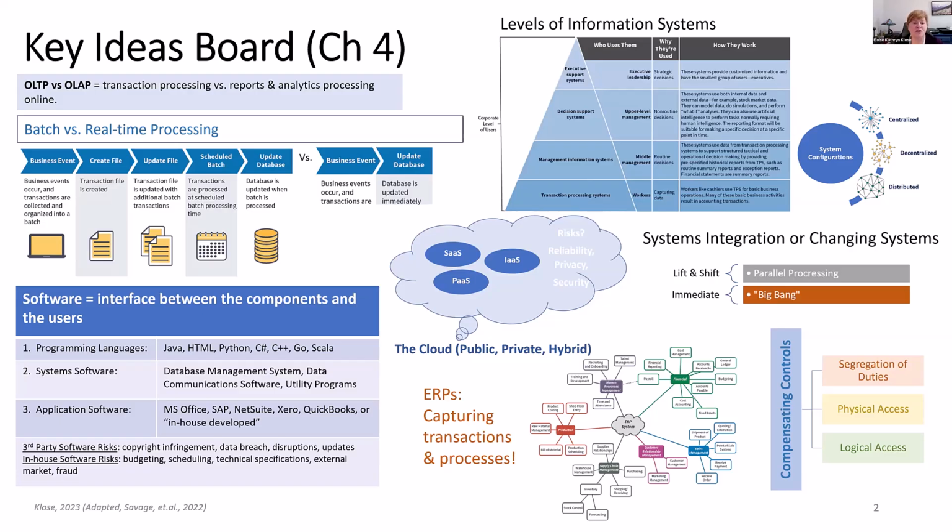So program languages, Java, HTML, Python, C, C++, they're all still out there because a lot of AIS systems for larger companies are customized and written for them. Some of these technologies we don't go to very much anymore, but they're still out there and they're still running, right?